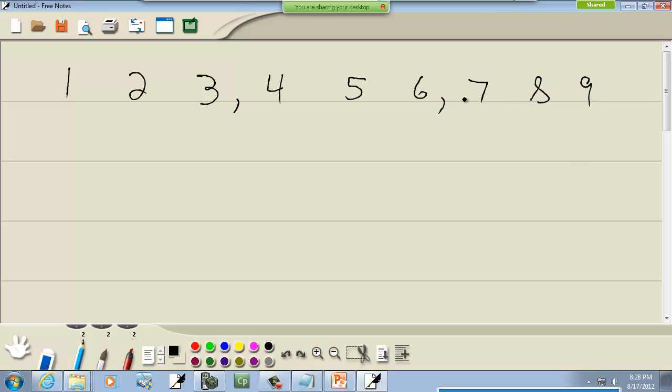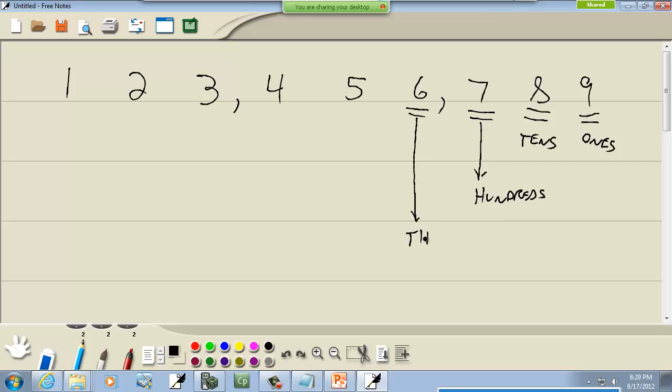Now this number right here, 123,456,789. This place right here is our ones. This place right here is our tens. This place right here is our hundreds. This one is thousands.